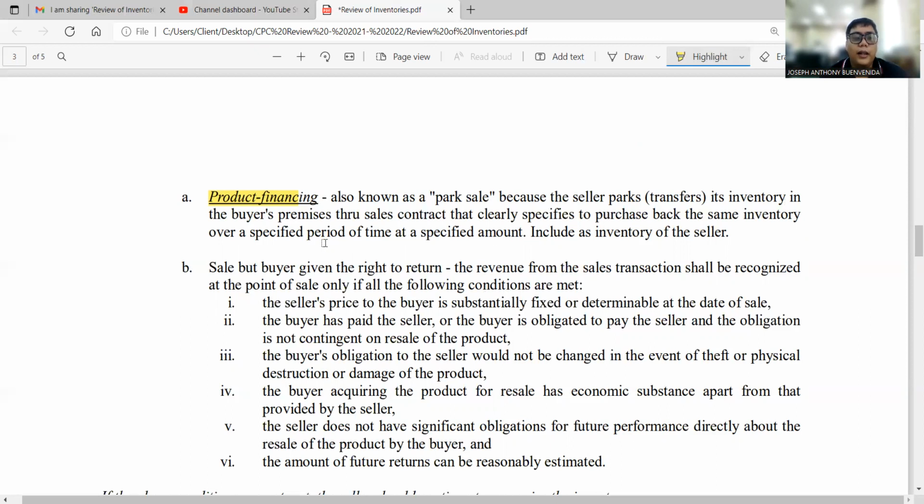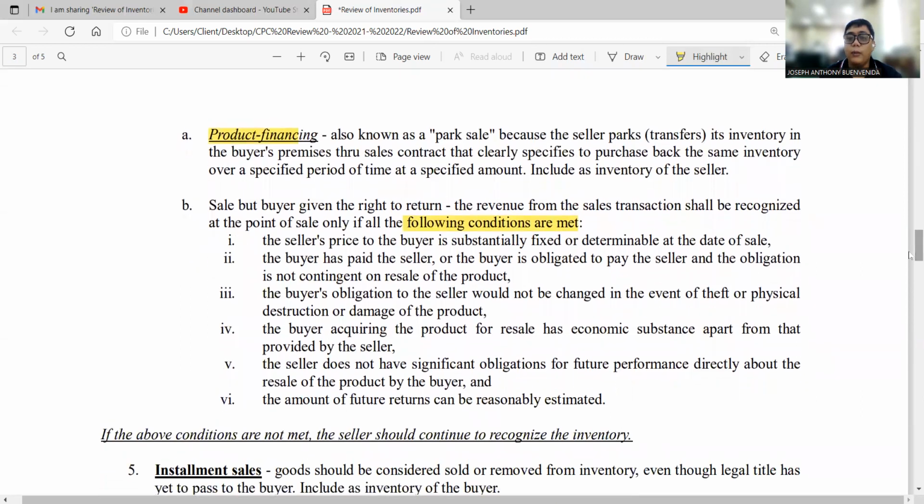Next will be sale but buyer given the right to return. Okay? So the revenue from the sales transaction shall be recognized at the point of sale only if the following conditions are met. Number one, the seller's price to the buyer is substantially fixed or determinable at the date of sale. So the buyer has paid the seller, or the buyer is obligated to pay the seller, and the obligation is not contingent on resale of the product. Parang irrevocable, no?